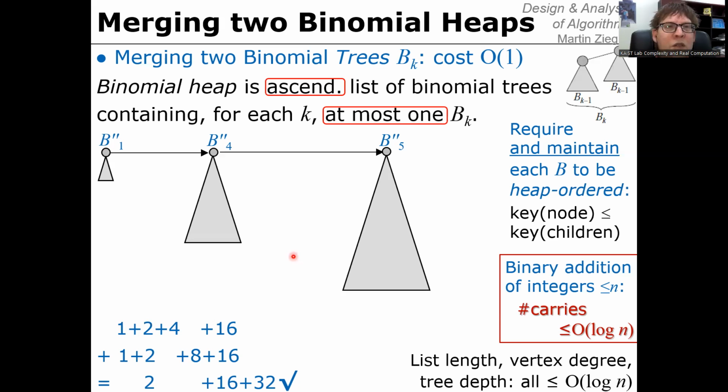So the overall cost of the merge operation is logarithmic, and we already saw and used the merge operation, for example, in the insert operation, by creating a one-element binomial heap and merging that with the existing binomial heap.